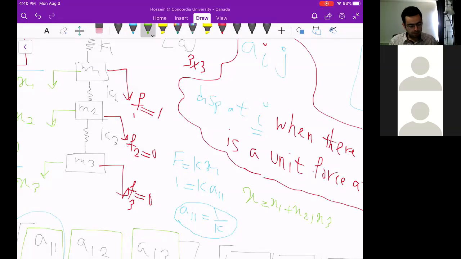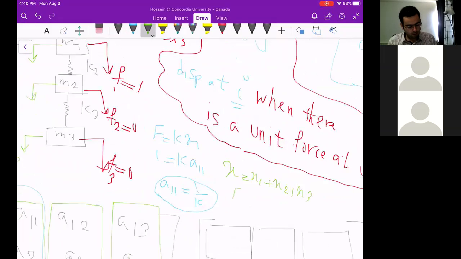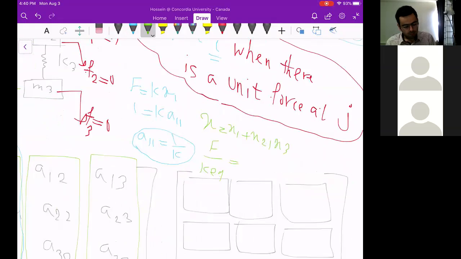And x is F over K. So x1 is F1 over K1 plus x2, and the only force passing through all the masses is F1, right?